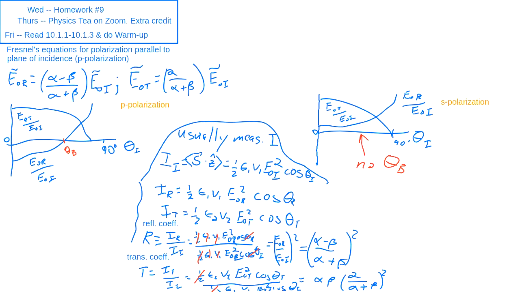The part in the parentheses is coming from the ratio of the amplitude squared, but this part right here is extra because of the extra terms in there.